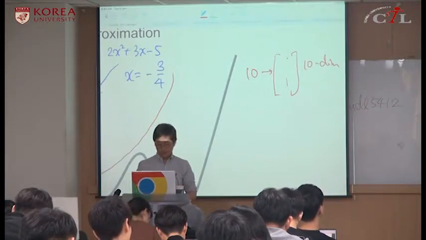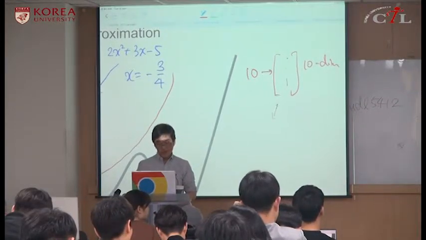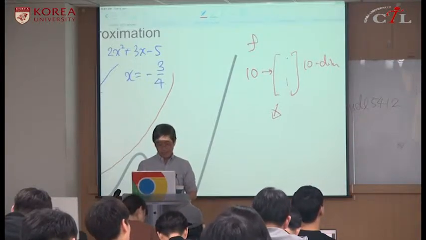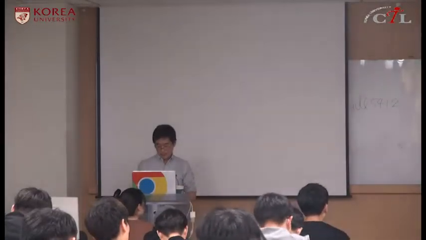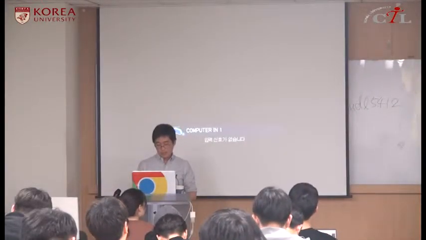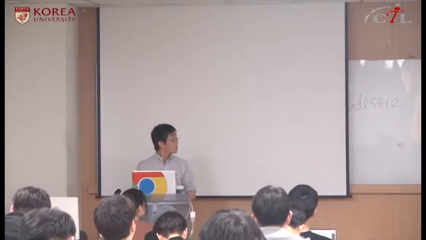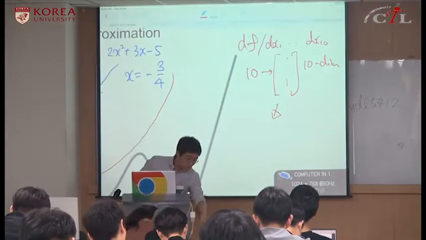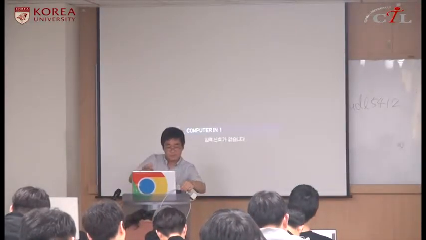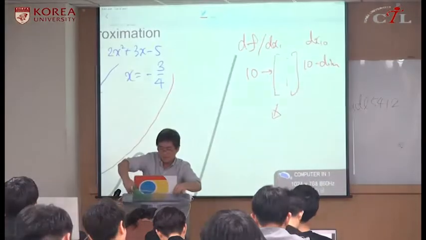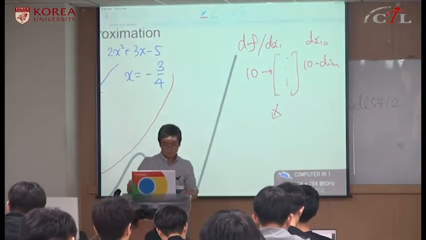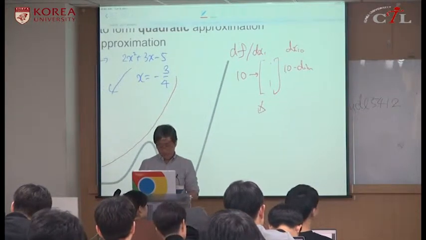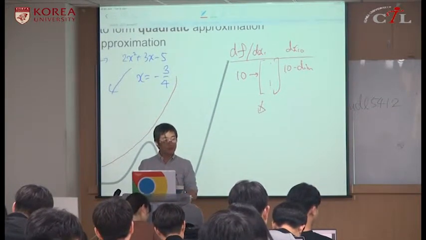And how about the second order derivative? Our function itself is a scalar, and we can consider x1 through x10, right? That's how we obtain 10 different gradients with respect to each individual variable.